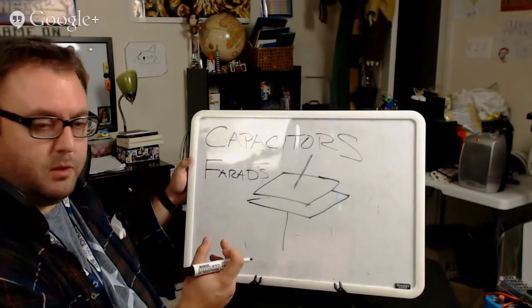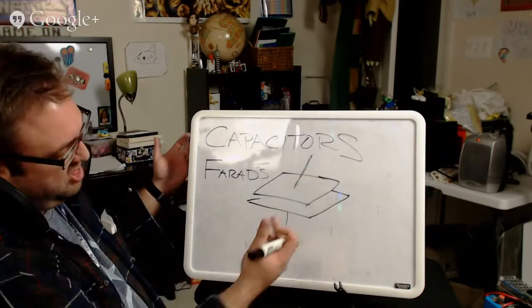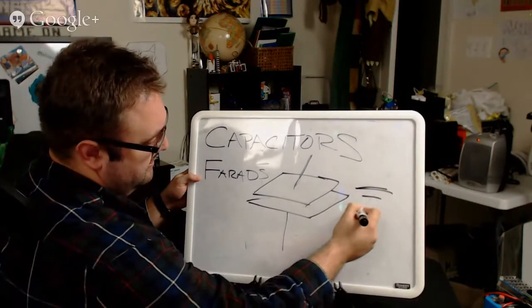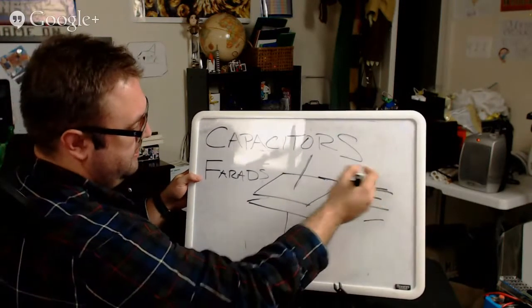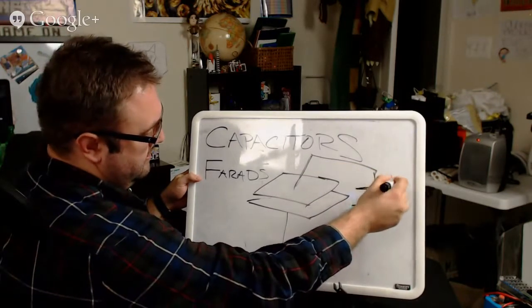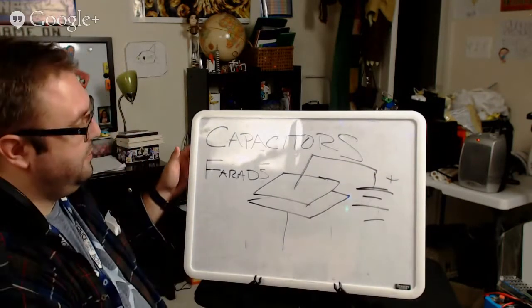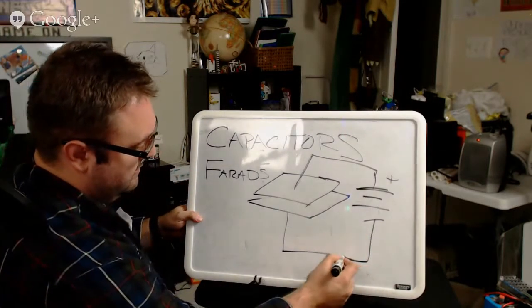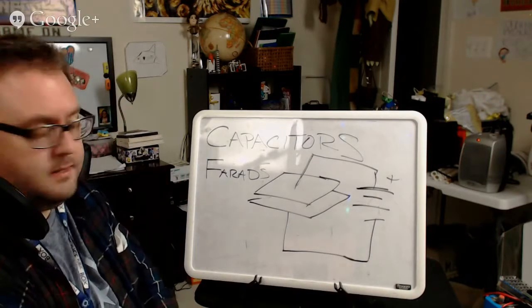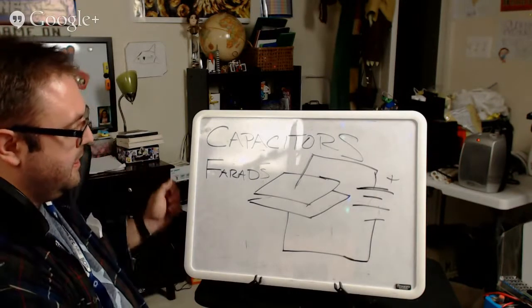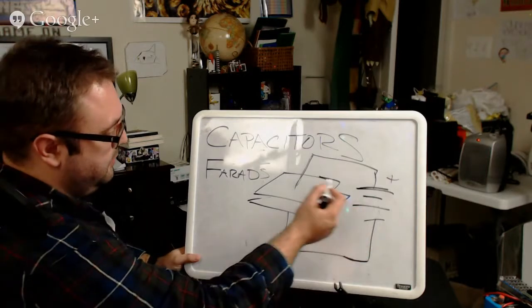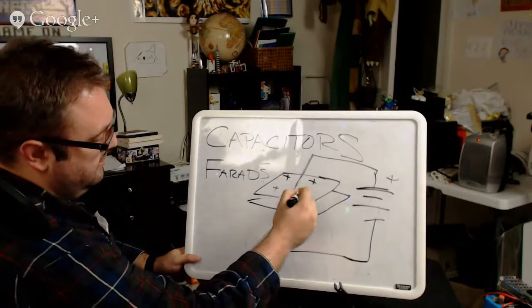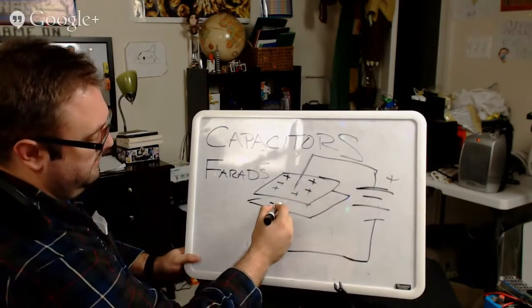So what's happening? What does this thing do? What you need to understand is you take a battery, and if I connect one end to one plate of the capacitor, and the other end to the other plate, I'm going to get a bunch of positive charge on the one plate and a lot of negative charge on the other.